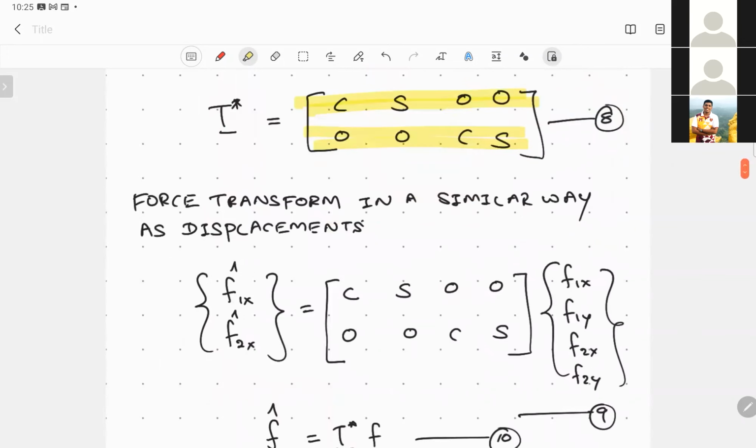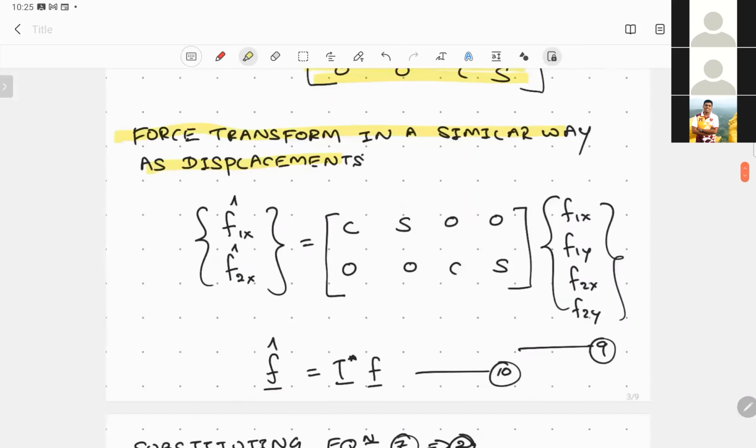Similarly, unlike the displacements, we can also transform forces in a similar way. We can use the same transformation matrix because we are moving from one coordinate system to another. The same principles apply for the nodal displacements as well as the nodal forces.